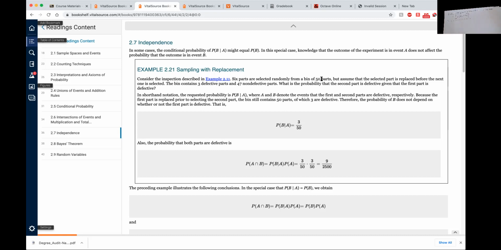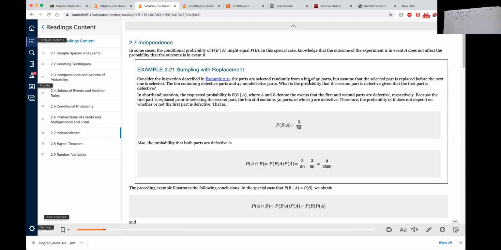Because of the replacement, the total number of parts remains 50, since you pick one part, check it, and put it back. So the probability of choosing a defective or non-defective part in the second try will not be affected by what we did in the first try.